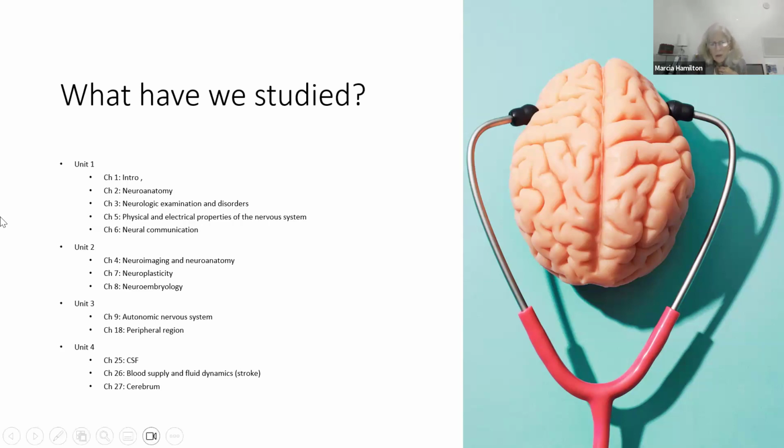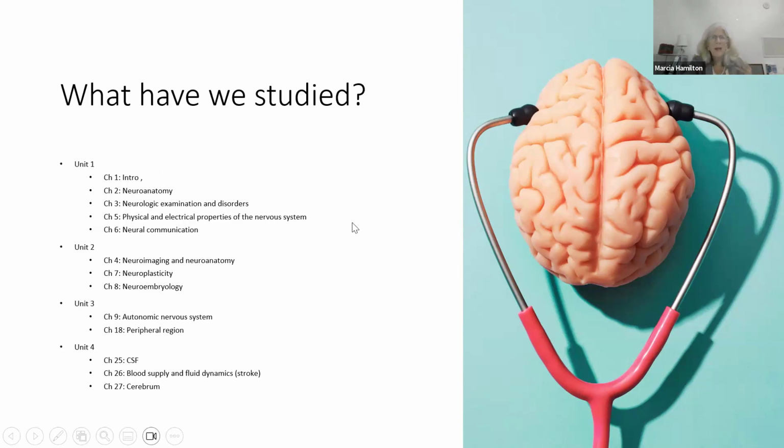To give you an overview, in your first unit you learned a little bit about an overview of neuroanatomy, then the neuroanatomy in Chapter 2 of your text. You learned about the neurologic exam and neurologic disorders, and that will compose your performance competency at the end of the term.